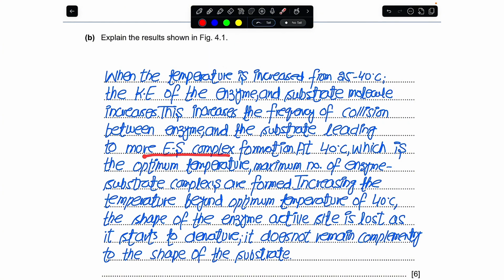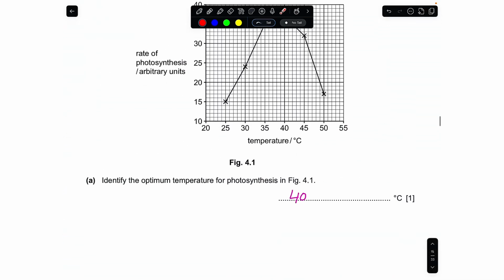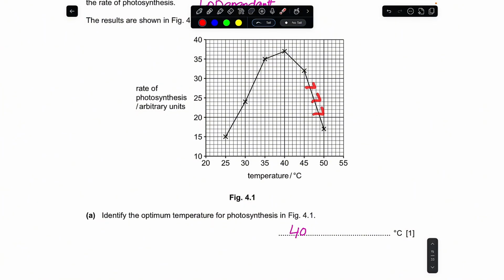At 40, at the optimum temperature, there would be the maximum number of enzyme substrate complexes formed. But when the temperature increases beyond 40, the enzyme's active site would start to denature and it would no longer remain complementary to the shape of the substrate, and that is why beyond 40, the curve for the rate of photosynthesis was going downward.